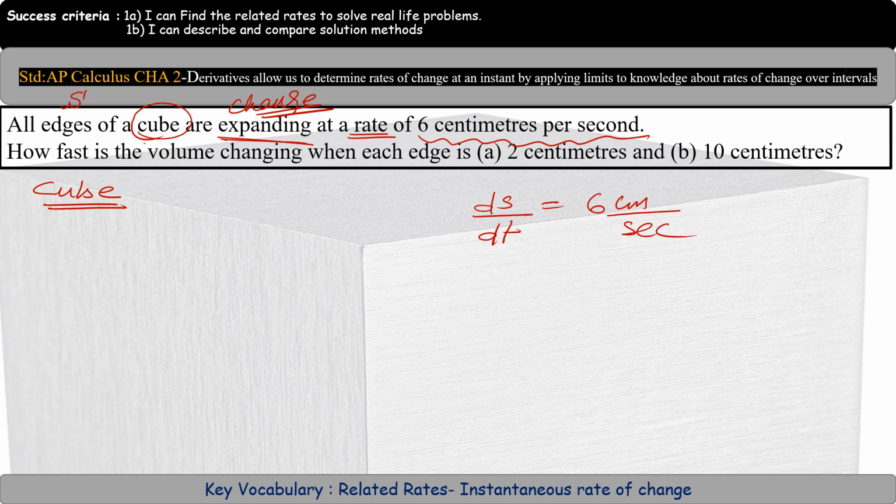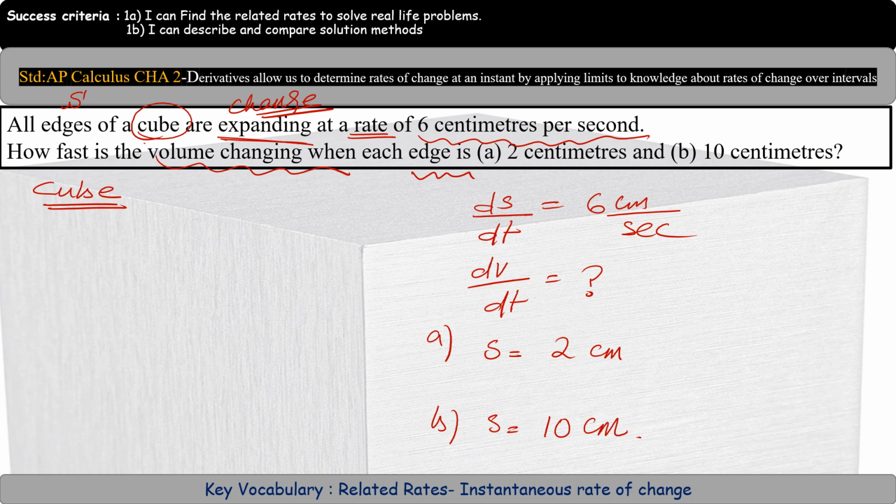Now how fast is the volume changing? Volume changing means you have to find dV by dt when each edge is, part A, 2 centimeter and, part B, 10 centimeter.